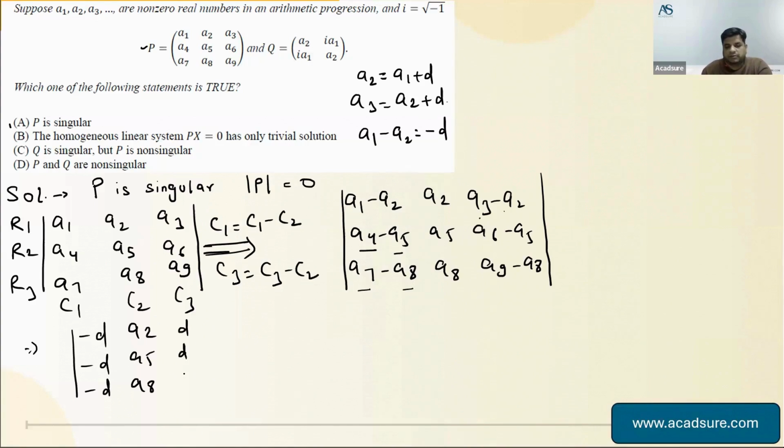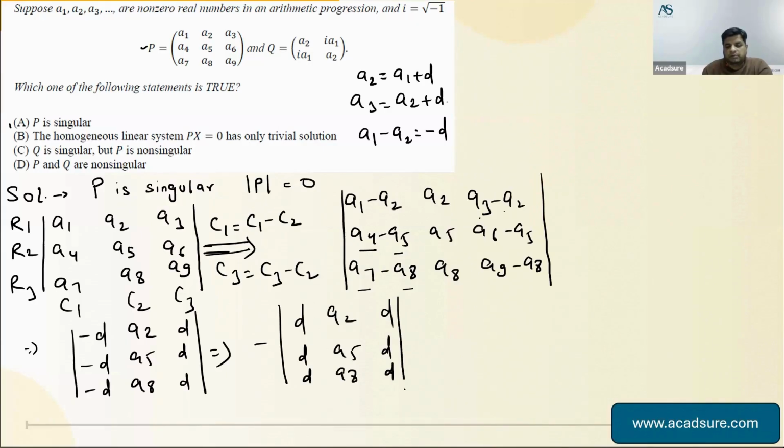A6 minus A5 is D, and A9 minus A8 is also D. Now we can take minus common, so it will be D, D, D, A2, A5, A8, D, D, D.